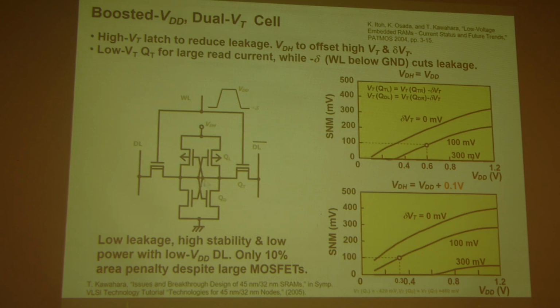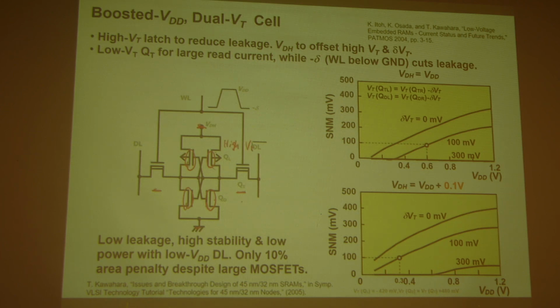And what you can do is to have higher threshold voltage for those cells here, because the key leakage path will be from the VDD to ground. So if you have higher threshold voltage of those transistors, then it will help the leakage. So let's say those transistors are high VT.